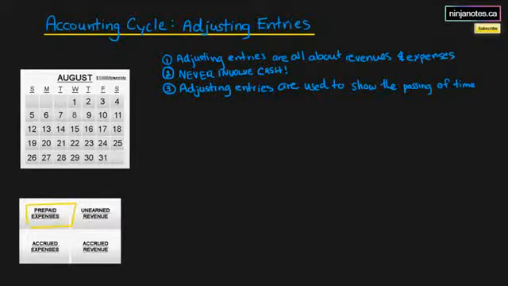So prepaid expenses, like I said, are kind of like the opposite of accrued expenses. Accrued expenses are expenses that you have not paid for yet, while prepaid expenses are expenses that you have paid for upfront.